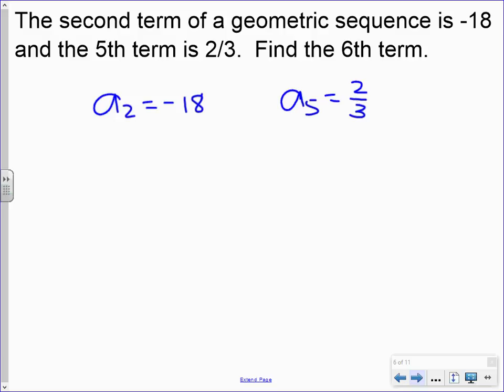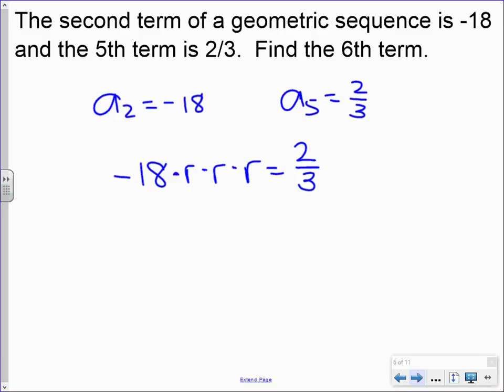You could have negative 18 and then have x be your common ratio, so you multiply by x until that gets you to the fifth term, and that would have to equal 2/3. Okay, so we could take negative 18 and multiply by our common ratio 3 times to get to our fifth term.